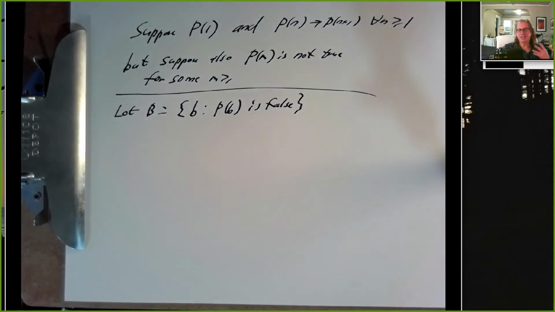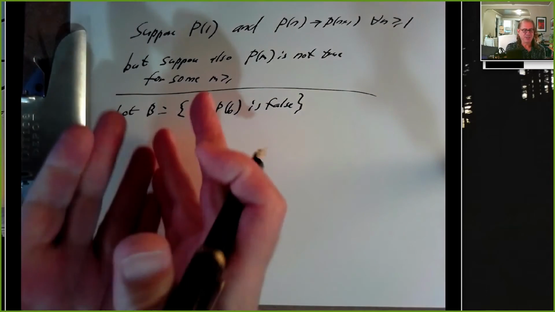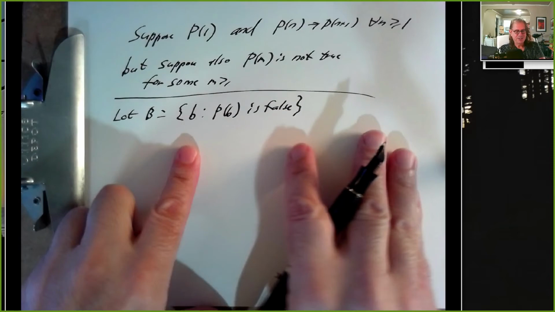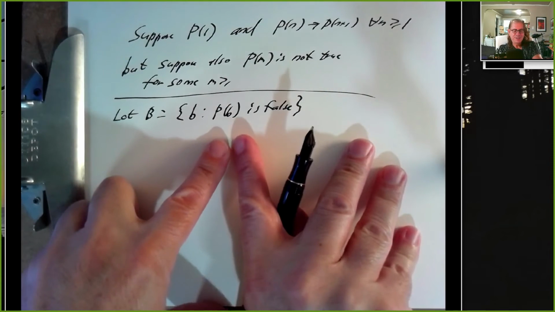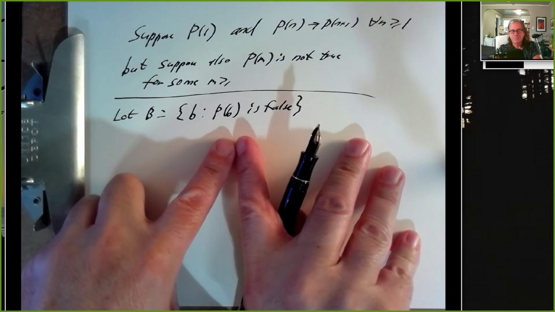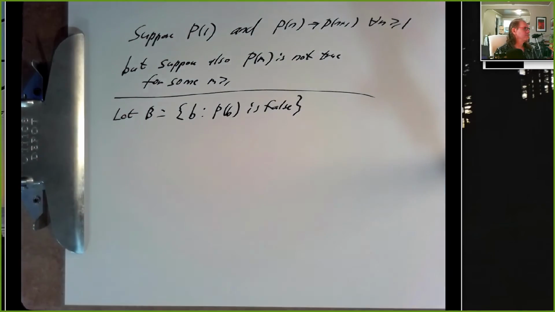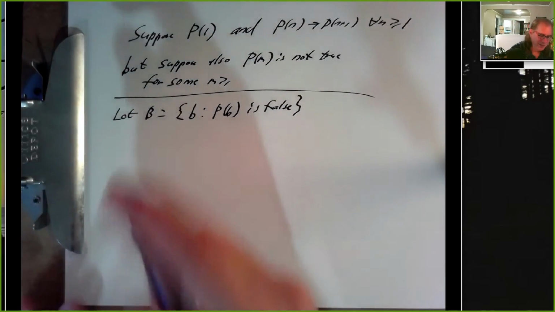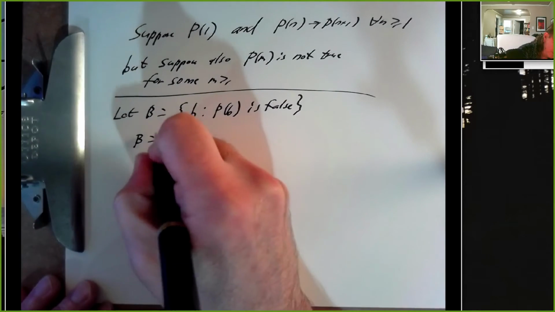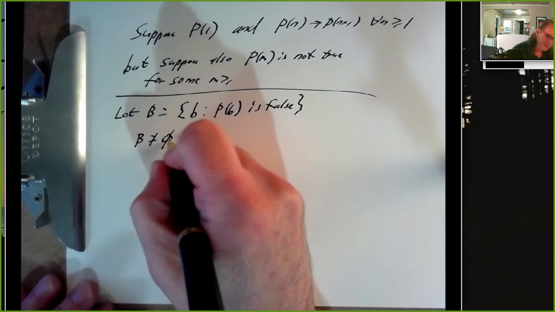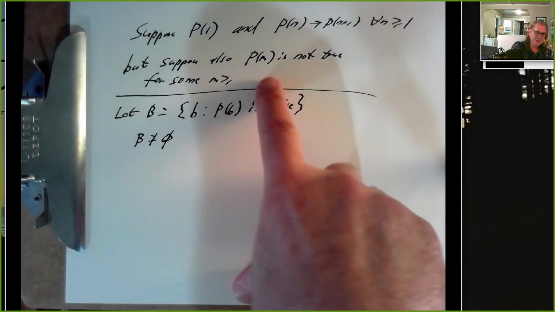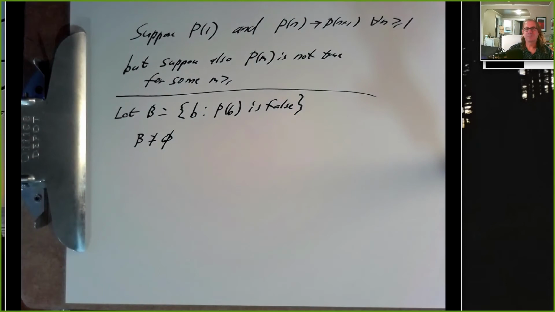Okay, I'm saying let's take all the integers for which it fails and throw them into a set called B for bad. So this is the set of all the integers where the proposition fails to be true. Okay, well, B is not the empty set. Why? Because we know there's at least one element m in it.